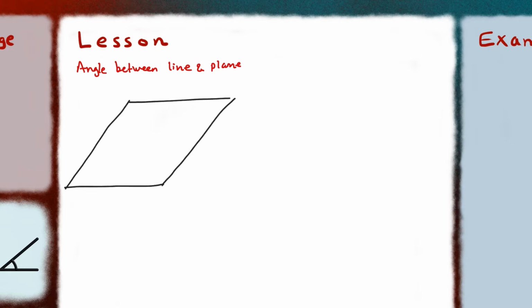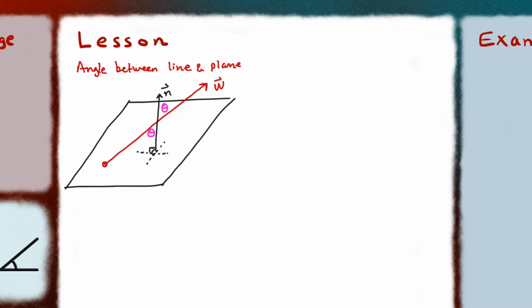We're going to have a plane and we're going to have a line going through it, and we're going to call this line w. We're going to use the normal of the plane to come up with the equation. So we're going to draw a normal to the plane, and the angle formed between the normal and w is going to be theta.